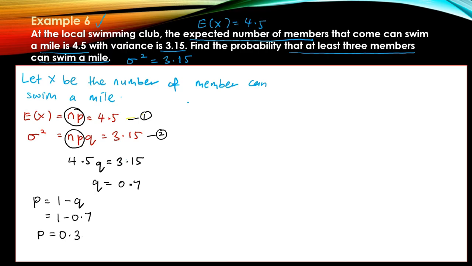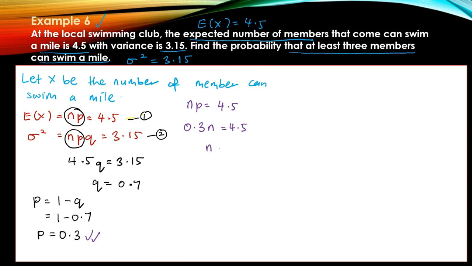And then the next one, we need to find our n, small letter n, denoted as the number of members. From equation 1, we have np equals 4.5. So, we already have our p here. Just substitute our p, 0.3, into the formula and we will get 0.3n equals 4.5.